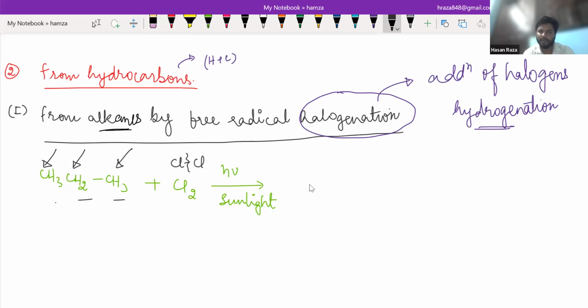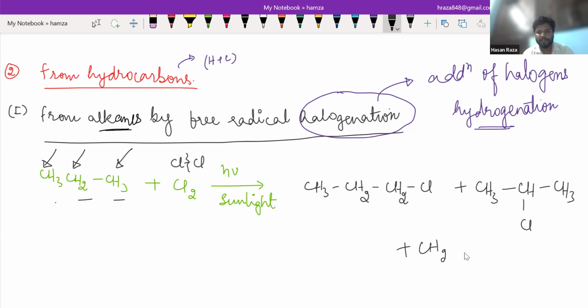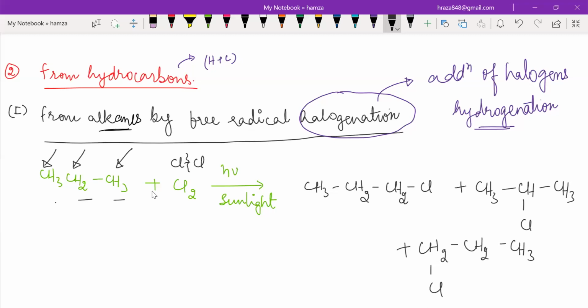First of all, I am going to remove one hydrogen on the right hand side and add one chlorine like this, the first product, and then again in the middle, and then again on the left hand side, CH2Cl, and then CH2, and then CH3. So this is basically an example of substitution reaction.